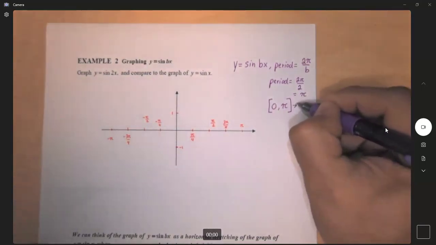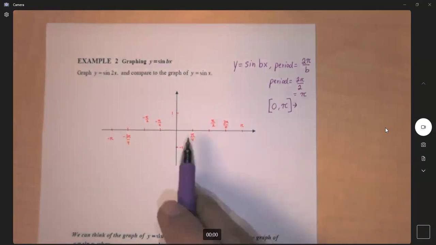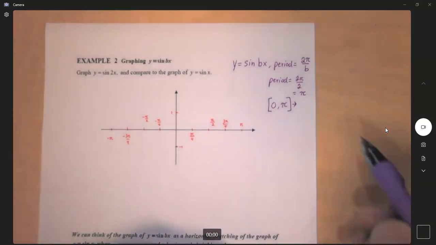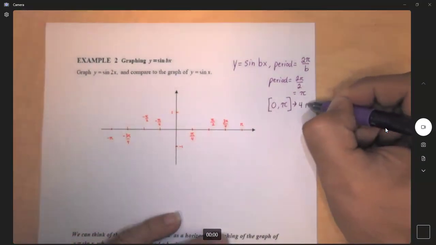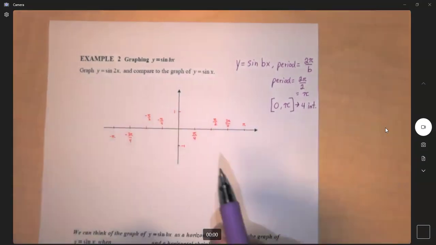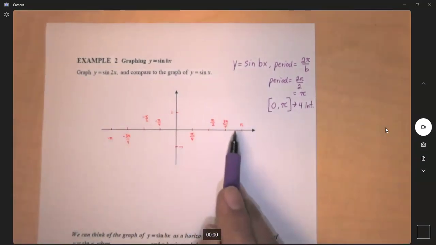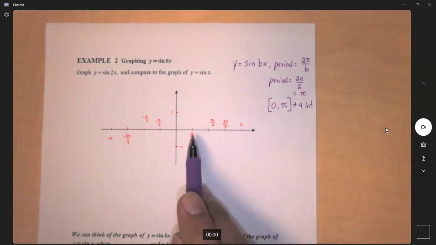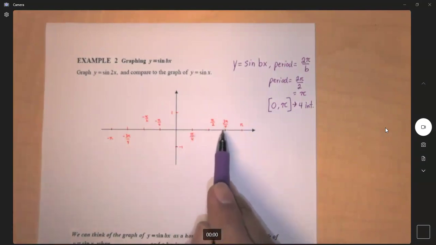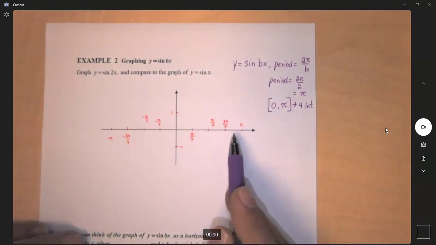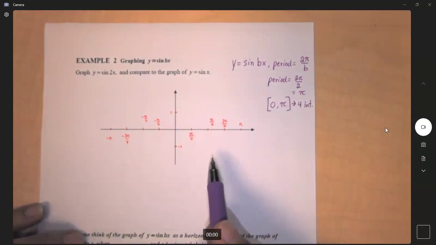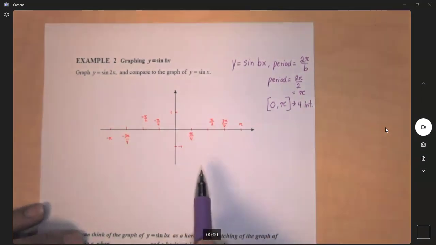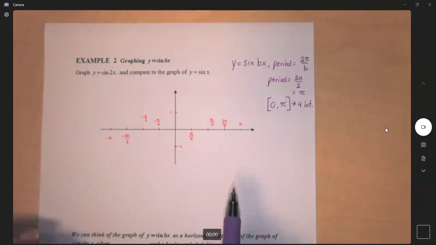And just like in the other graph, I want to have 4 intervals, right? So between 0 and pi, I just broke them up into 4s. So pi fourths, pi halves, 3 pi fourths, and pi. You're still going to get the same values for the max and the min and the zeros, right?